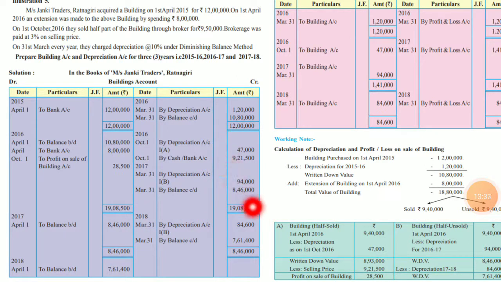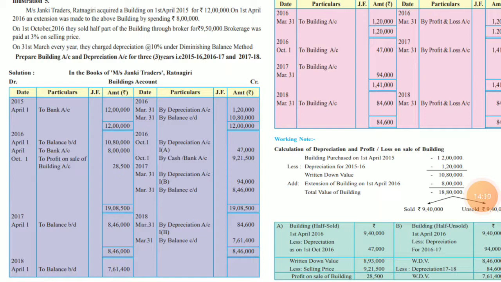On credit side you have only 84,600. So there is a balance, that is March 31st by balance carried down 7,61,400. So total on both the side is 8,46,000. So this balance will be brought down for the next year, that is 2018 April 1 to balance brought down 7,61,400.